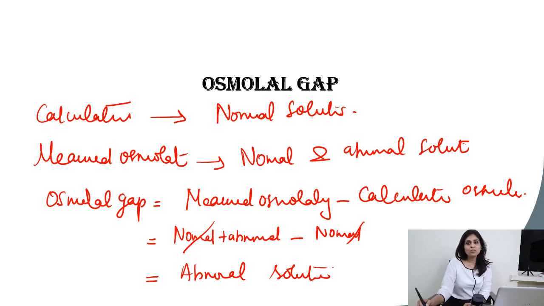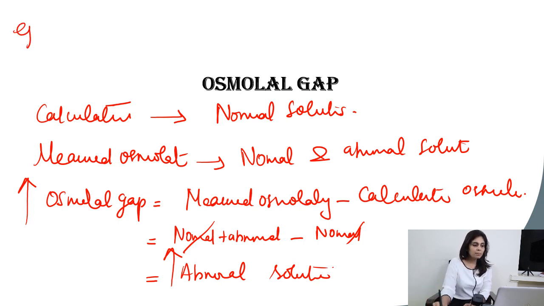So if you are asked what are the clinical conditions wherein osmolar gap is elevated, your answer should be: any clinical condition wherein there is an increase in abnormal exogenous or endogenous solutes, osmolar gap will be elevated.